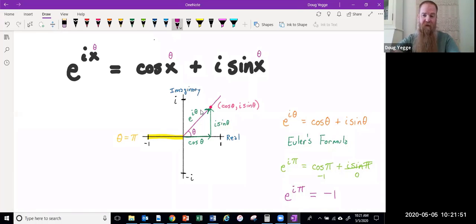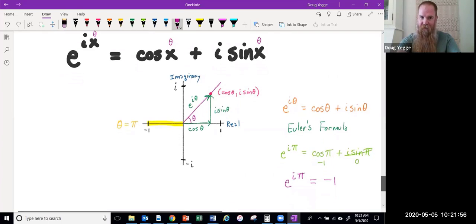And we can see geometrically why that's true. But that's not all. Let's look at what the significance of this is. What that's saying is, if I add 1 to the other side, I get that e to the power of i times pi plus 1 is equal to 0.